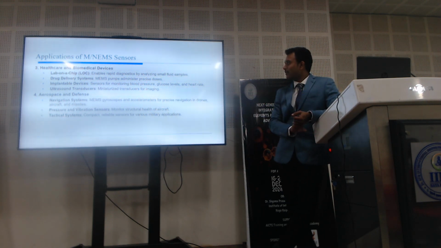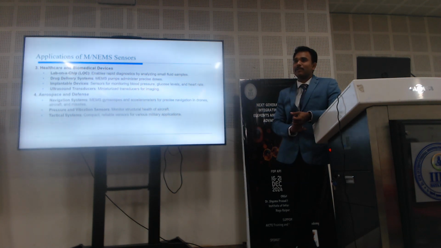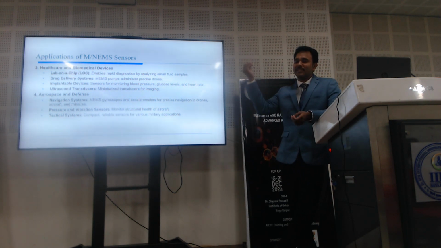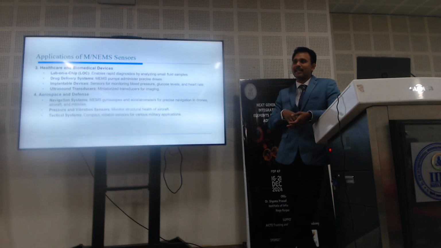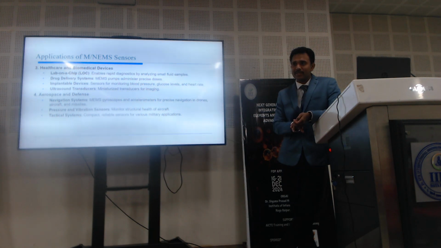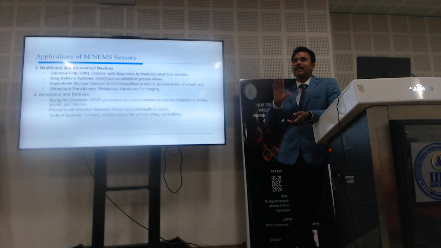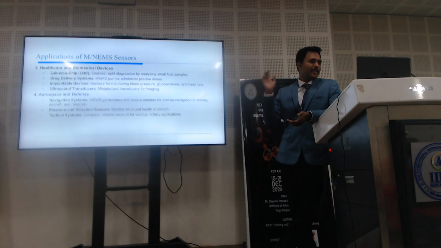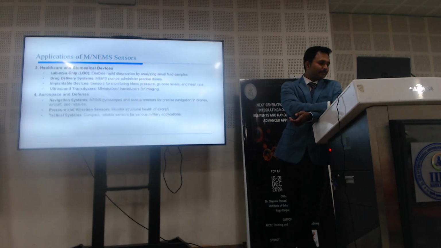Coming to aerospace and defense, these also use MEMS. Whenever we are targeting missiles or anything else, we have to produce the proper inertia for the exact target, so there also we can go with these kinds of MEMS sensors.